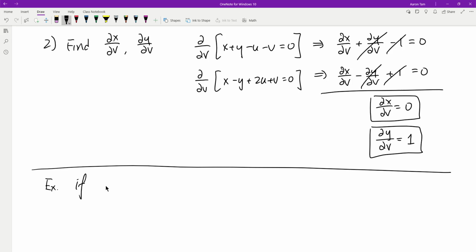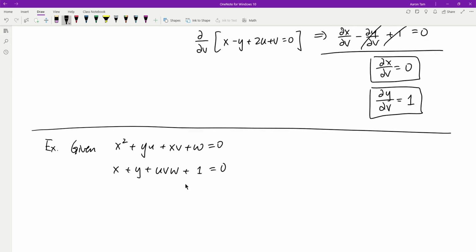So let's say we're given x squared plus yu plus xv plus w equal to 0, and x plus y plus uvw plus 1 is equal to 0. Let's say I give you these two equations.